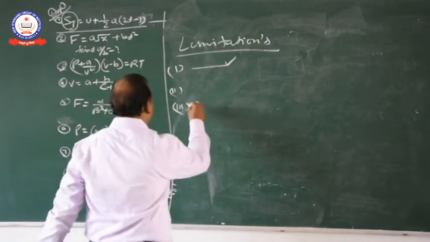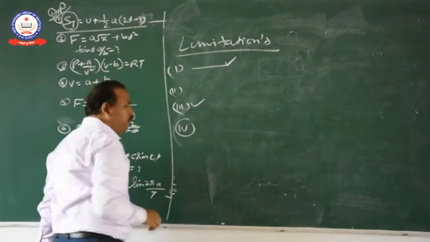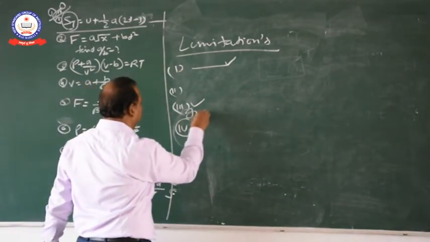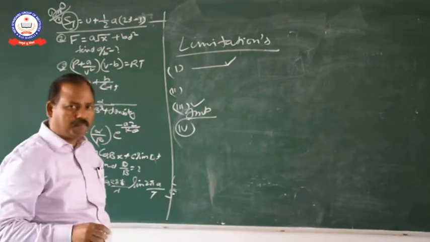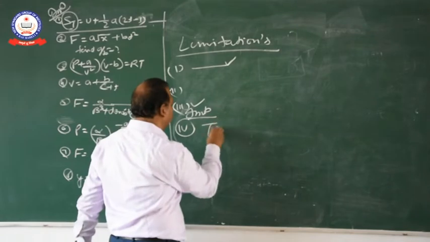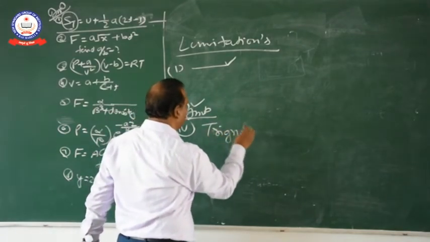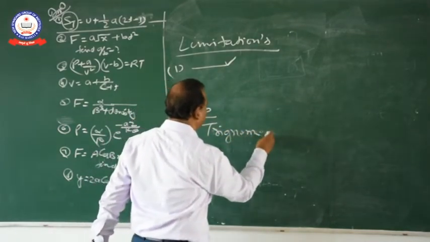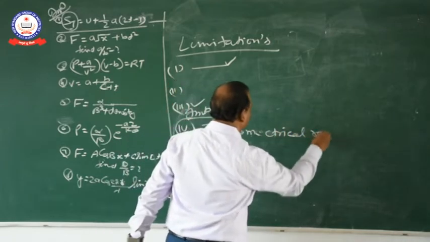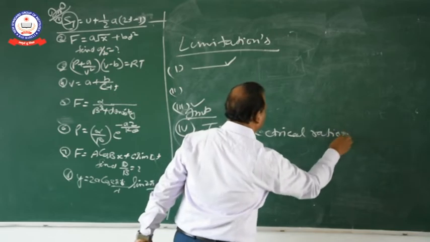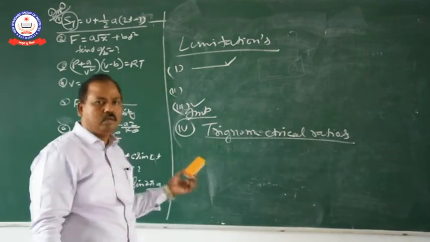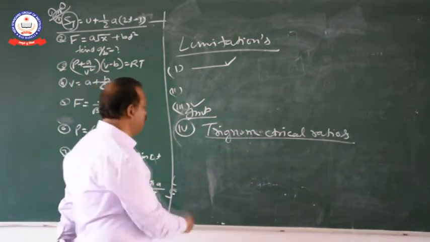This is the third limitation, and fourth and last, and this is very important: the trigonometrical ratios have no dimension, correct?